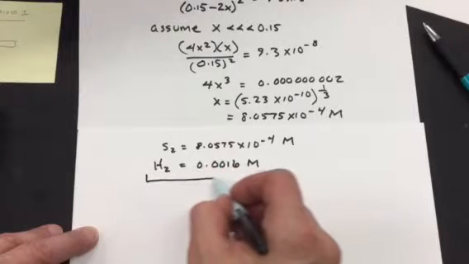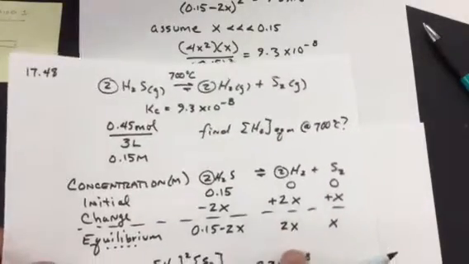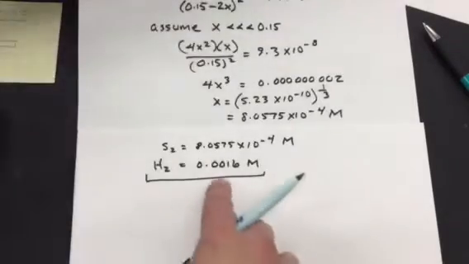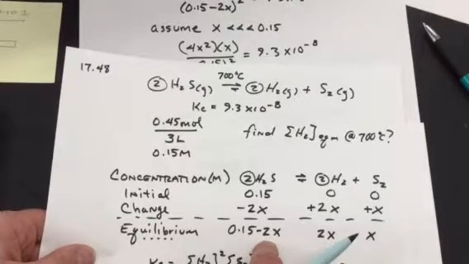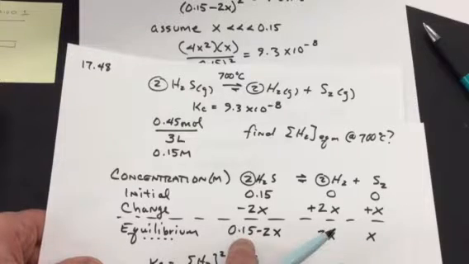So what I want to do is verify whether or not that's going to be a good number. The way I do this is I compare to the starting value. Okay, listen. That's going to be the value for 2x, right? 2x is going to be 0.0016 molar. I'm going to compare that. I'm going to plug that in as if I was going to be finding the concentration of H2S, and then I'm going to see how much H2S is actually going to be left over.